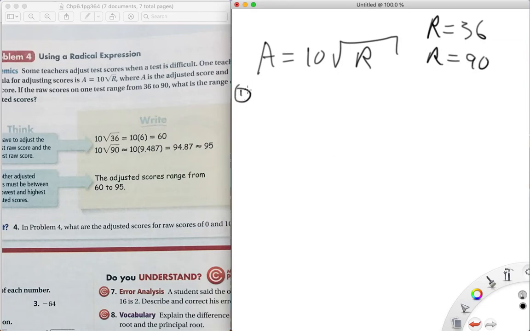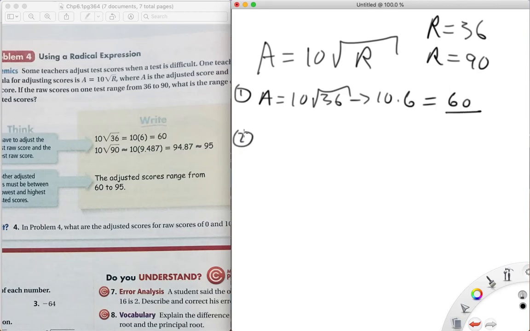Scenario number one, the adjusted score equals 10 times the square root of 36, which is 10 times 6, which equals 60 points. Nice.